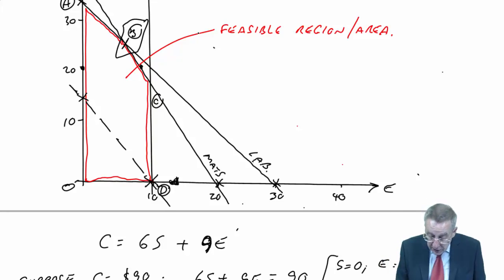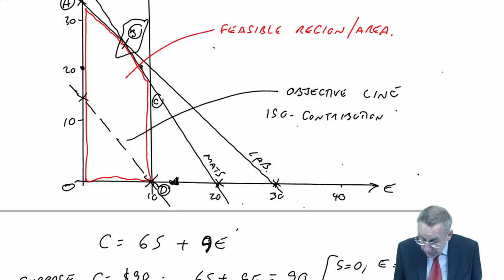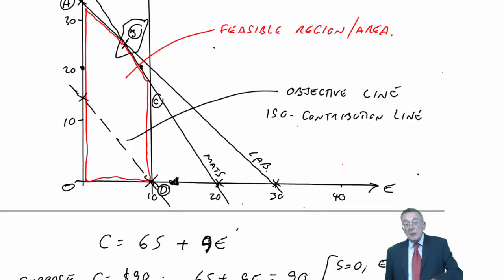And just for the terminology, that was our objective line, or another name for it is the ISO contribution line. ISO meaning same, so anywhere along it is the same contribution.